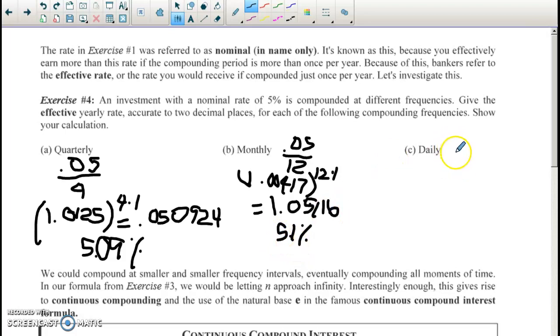Daily, now you definitely need a calculator. You have your 5%, and there are 365 days in a year. And so this gives me now a growth rate of, now this looks really small, 0.00137.